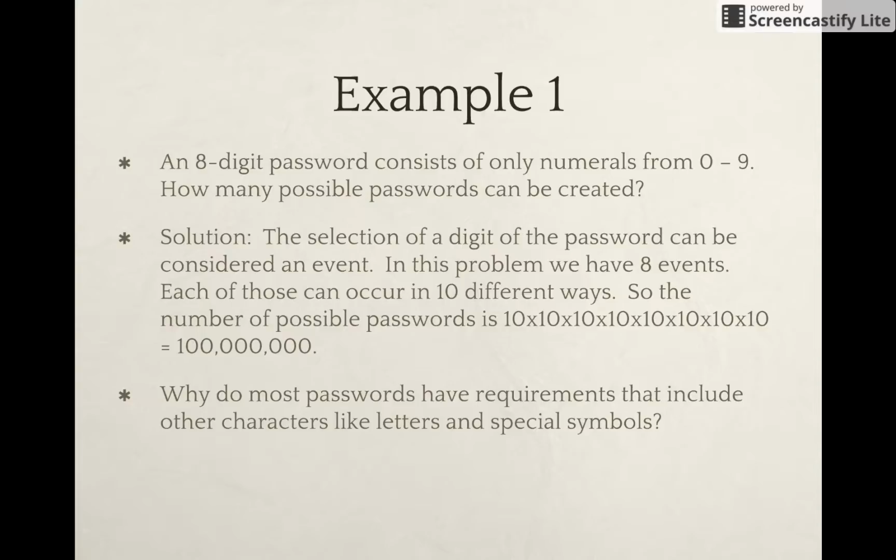Each of these events in this scenario can occur in 10 different ways. You could pick a 0, a 1, and so on all the way to 9. So the fundamental counting principle would say that the total number of passwords we can create is 10 times 10 times 10 times 10 times 10 times 10 times 10 times 10. That should be 10 to the 8th, and that comes out to be 100 million different passwords.